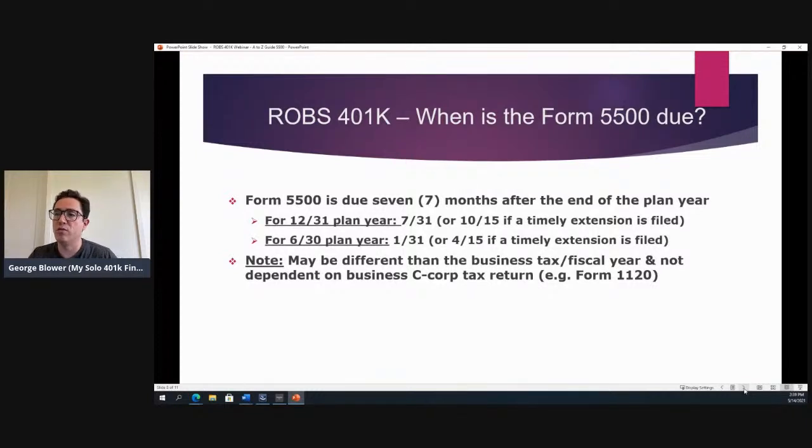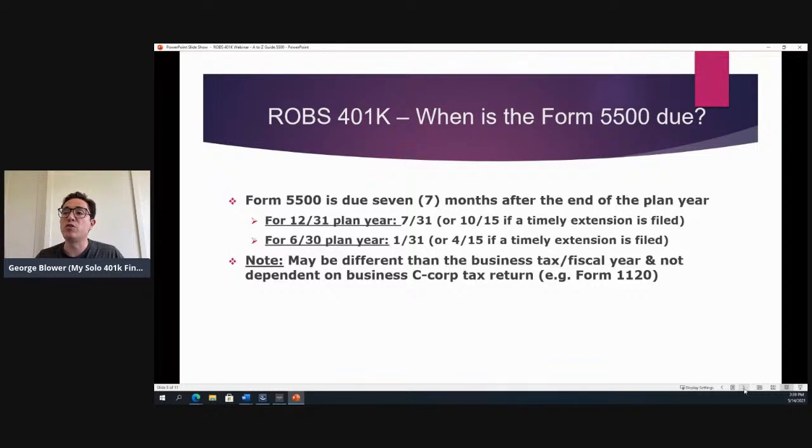So I've mentioned that a couple of times about how the information that's reported on the 5500 is as of the end of the plan year. So let's talk about that, because that'll impact, of course, not only what's the information that's reported, but also when that 5500 is due.